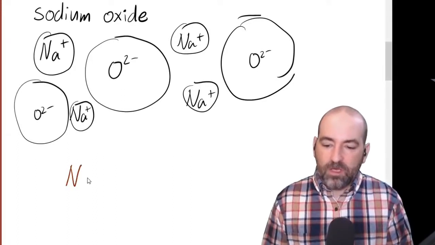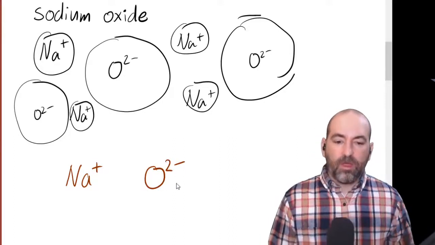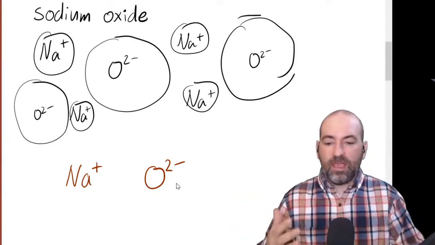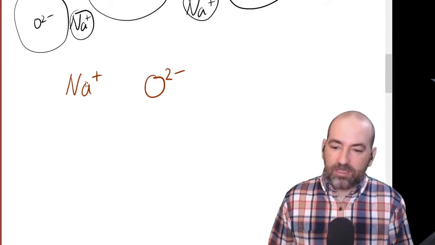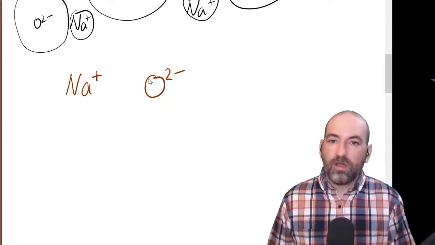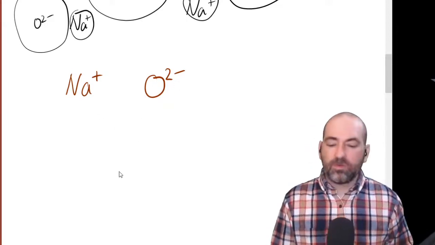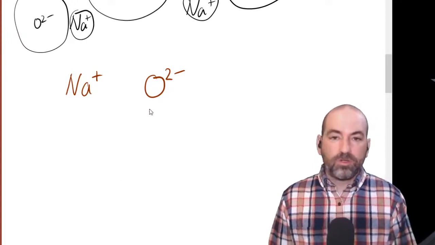So if we have sodium +1 and we have oxide -2, we can't just smush those together and say the formula is NaO, because Na and O as ions don't balance each other out. We would have +1 and -2. That doesn't equal 0. So we want to put the compound together in such a way that ends up with an overall 0 or neutral charge.